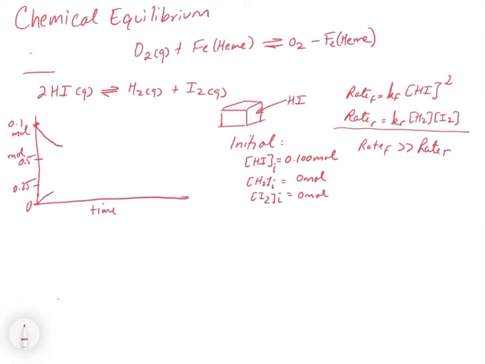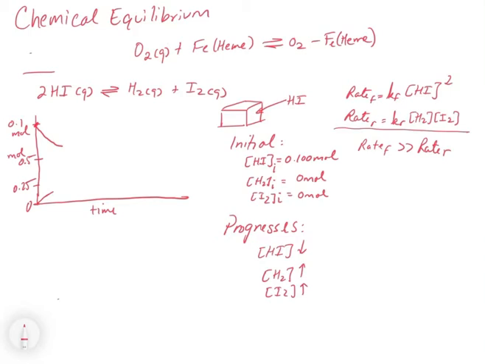But now, as time goes on, as the reaction proceeds, so we'll put progress here, as the reaction progresses, the concentration of HI is going to go down from its initial, and the concentration of H2 and the concentration of I2 are going to grow in.